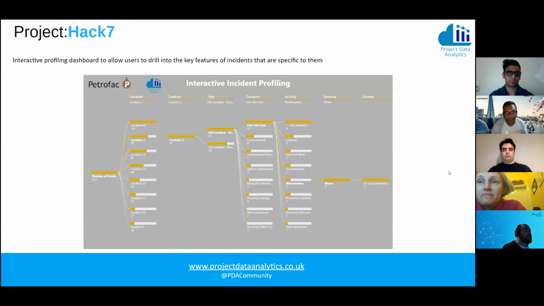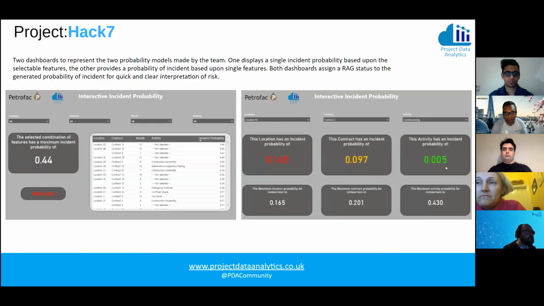We then generated an incident profiling tool, which allows someone to drill into the data which is specific to them, break it down by what they're interested in, so location, contract, and follow the flow through the whole suite of data.